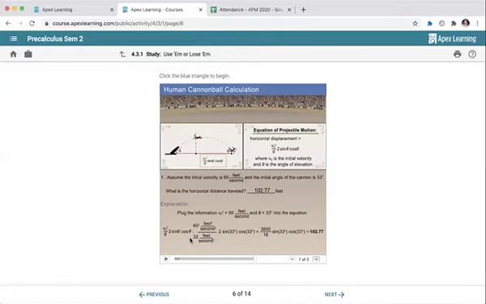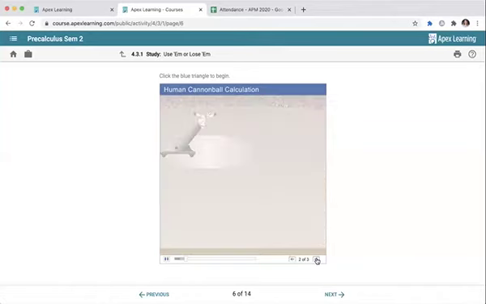Hopefully, based on your experience with unit cancellation, or dimensional analysis in chemistry, you've got feet squared, second squared, over feet per second squared. So second squared and second squared cancel, feet squared and feet cancel, and you're just left with 102.77, and the unit on that will be feet.